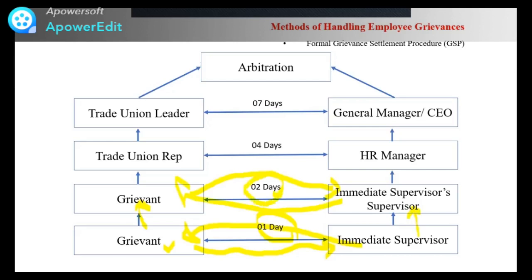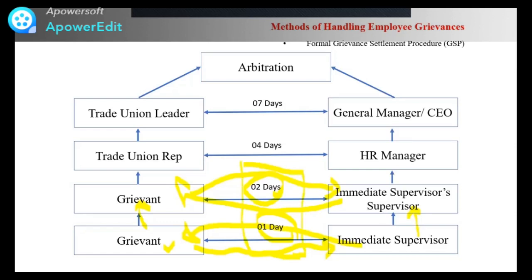Then, if the solution proposed by the immediate supervisor is okay and the worker is satisfied, within 3 days we can solve the employee grievance.